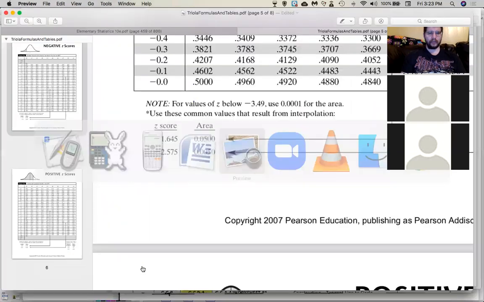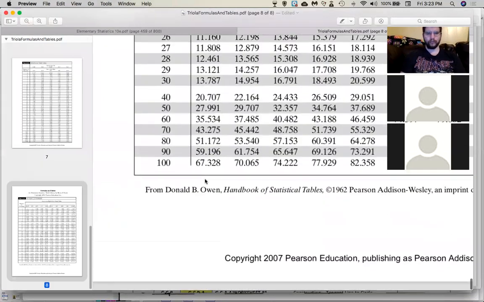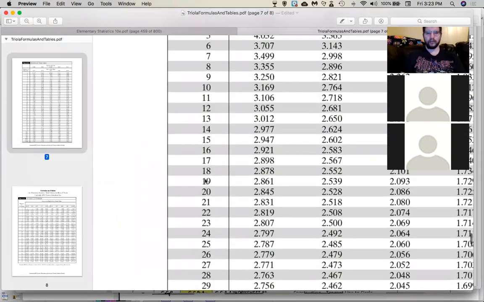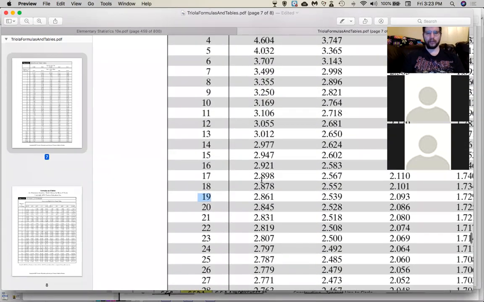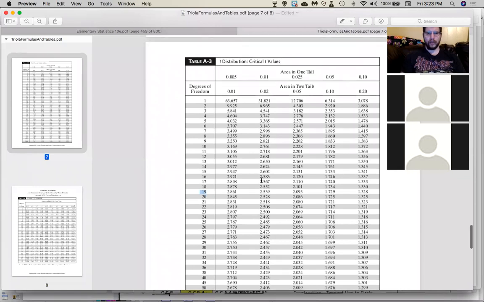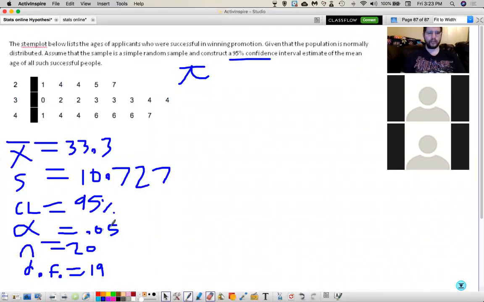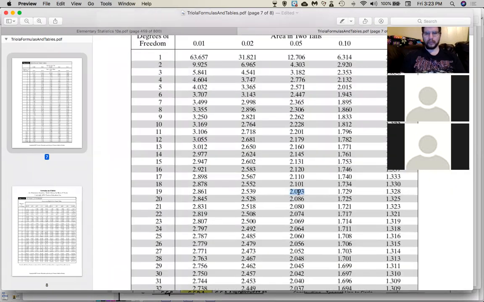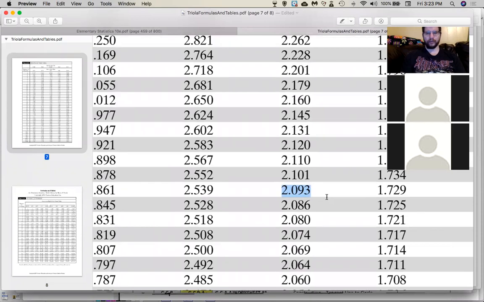So let me go look up that T value. We go 20 to 19. We're looking in this row. Area in 2 tails is 0.05. That's that middle column here. 19 degrees of freedom. Area in 2 tails is 0.05. T is going to be 2.093.